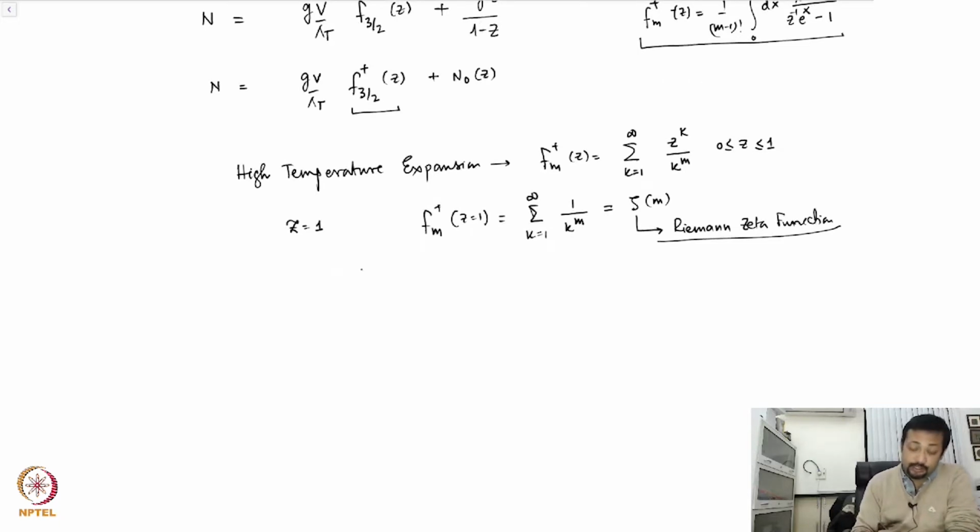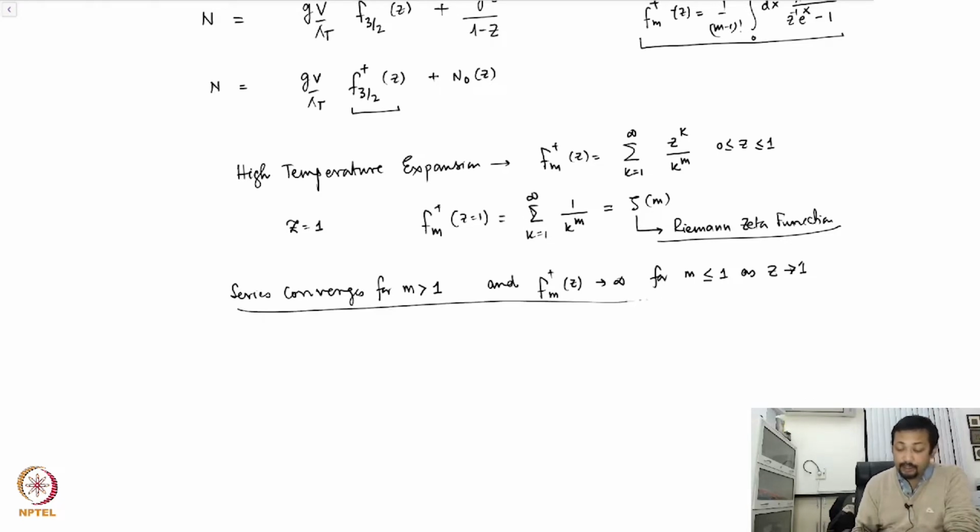The series converges for m greater than 1, and f_m^plus(z) goes to infinity if m is less than or equal to 1 as z tends to 1.